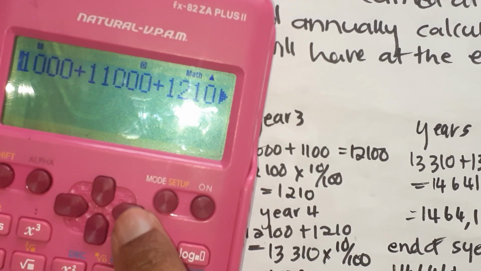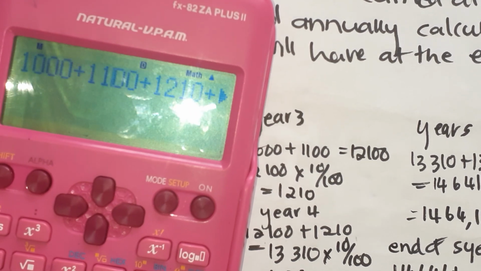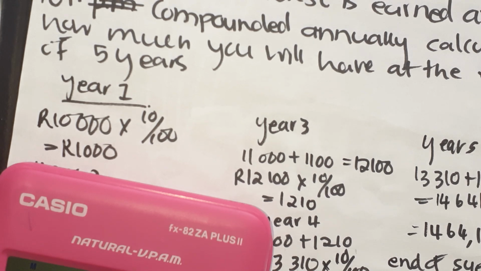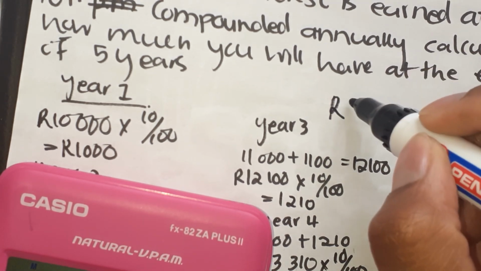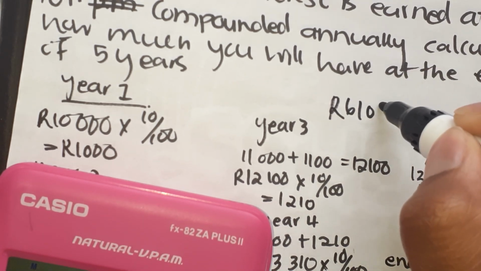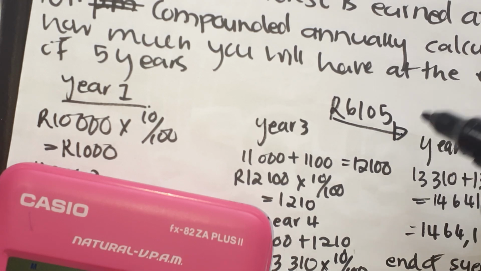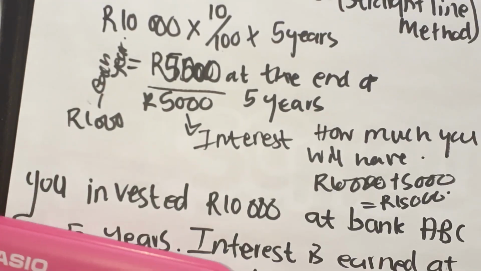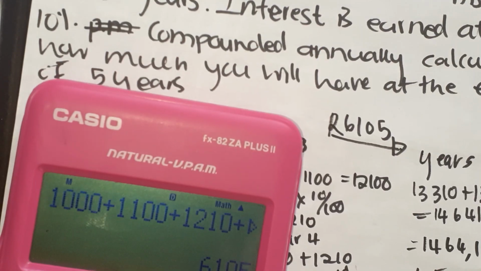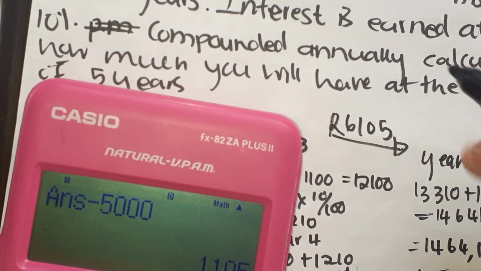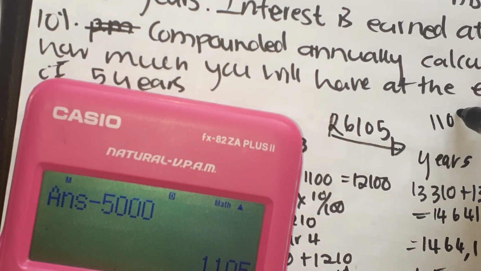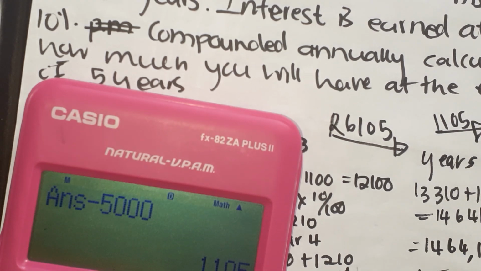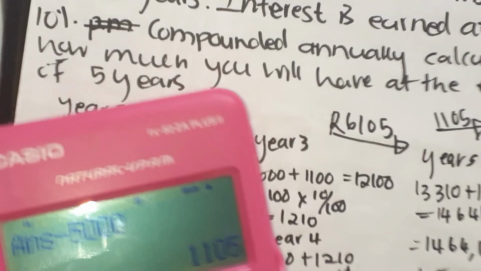Oh, yeah, I made a mistake. The interest earned on this investment is 6,105 rand, as it's more compared to this 5,000 rand.